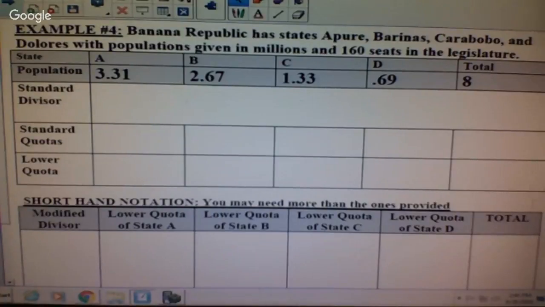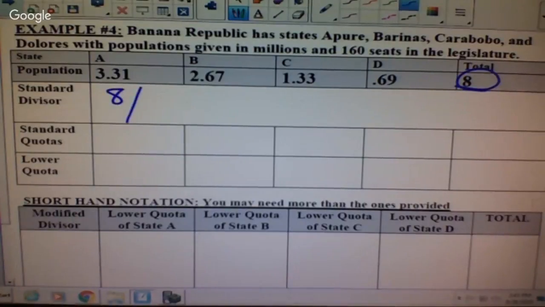Okay. So before we enter this one into the calculator, I need a standard divisor. So we need to find that first. What number goes in the top? So I can find my standard divisor. Standard divisor's formula is what? Population over seats. So what goes in top? My population total is 8.